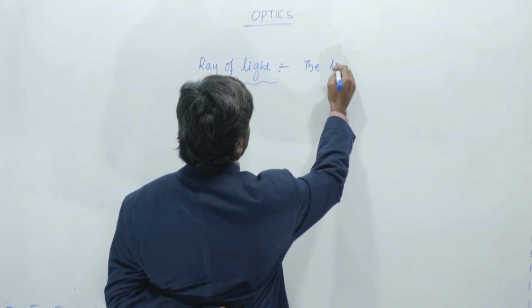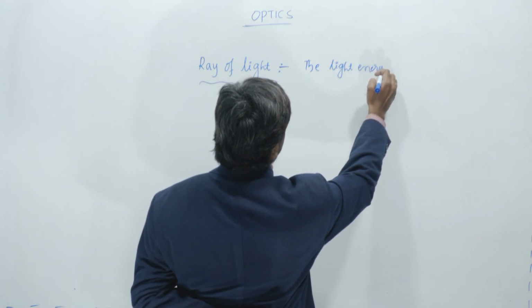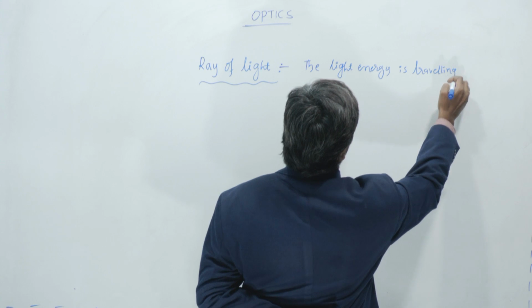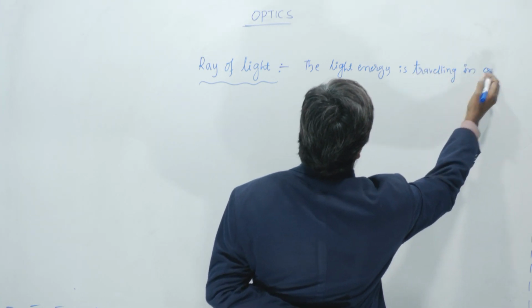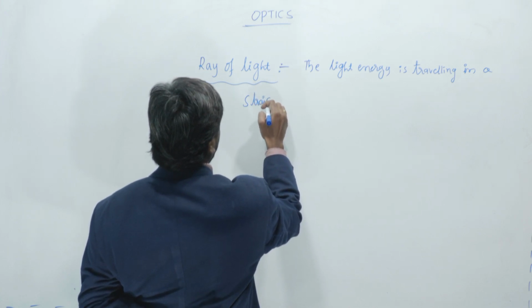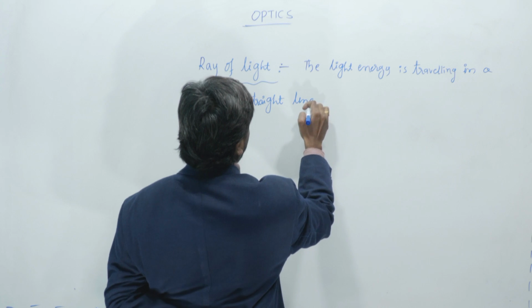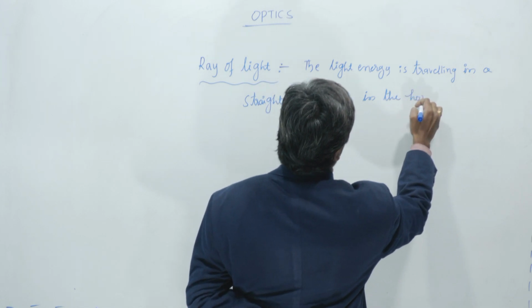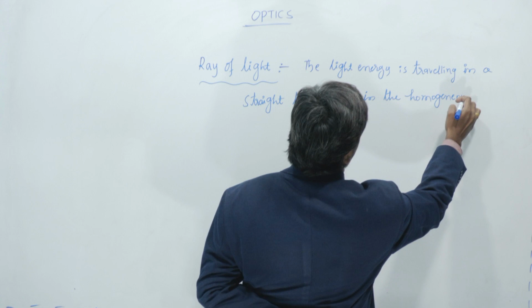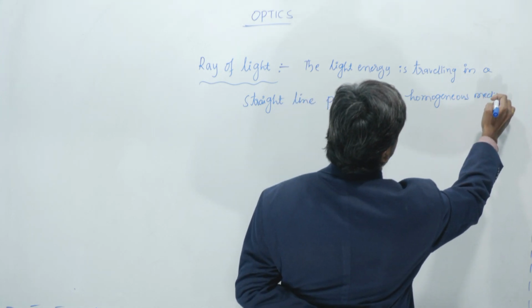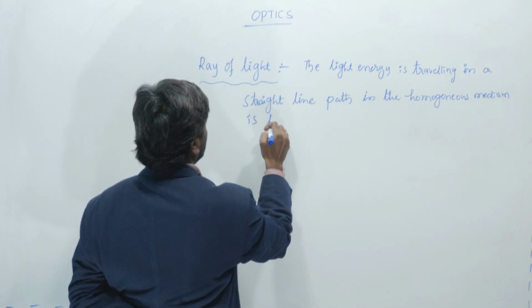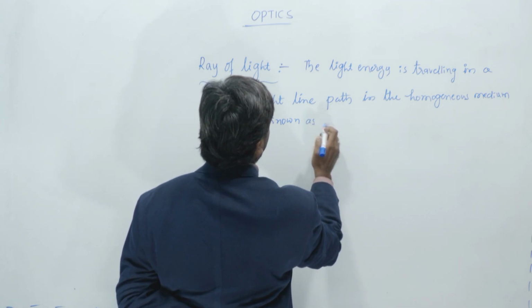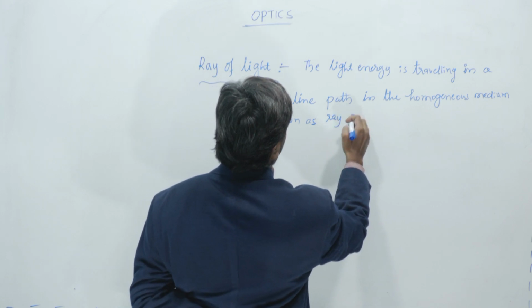The light energy traveling in a straight line path in the homogeneous medium is known as a ray of light.